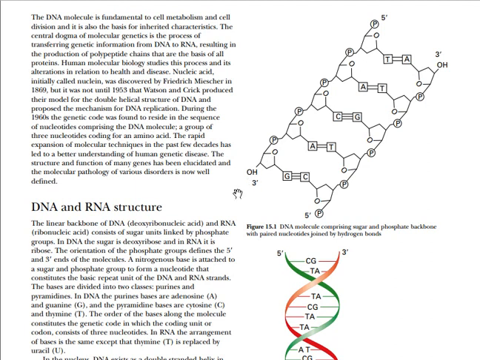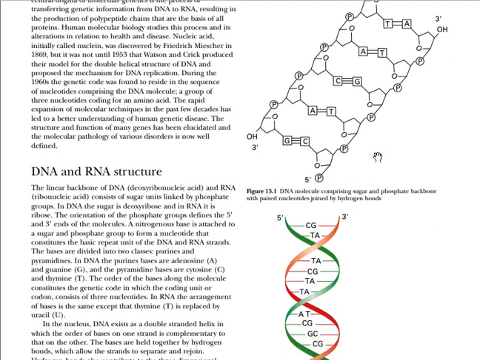So this is the 3' position. Then there is another carbon, carbon number 5, to which the phosphate binds. So that's why it's called the 5' position. From this position to this position is 3' to 5', while from here to here is 5' to 3'.